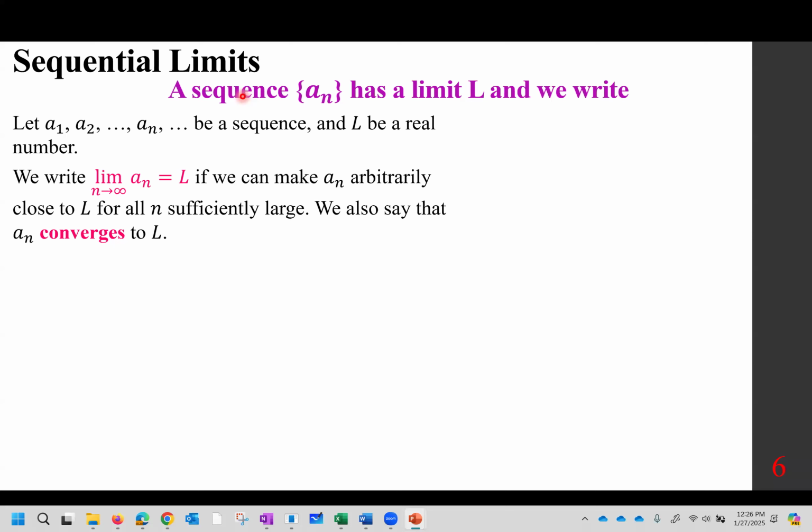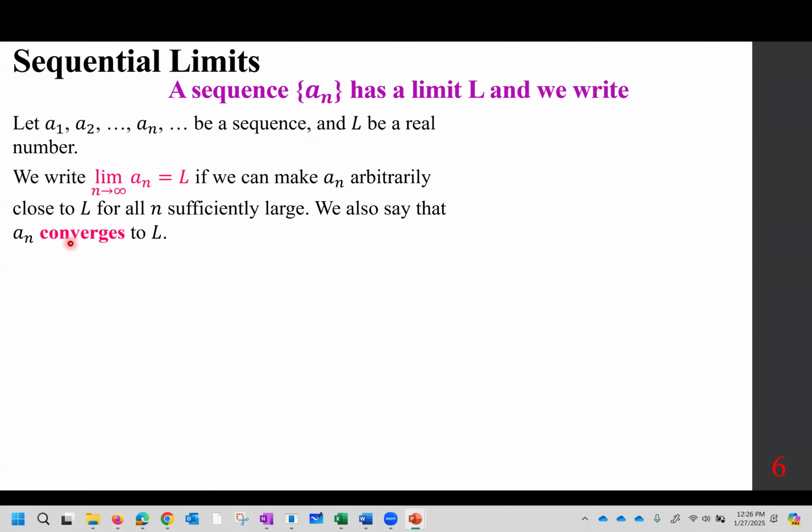Sequential limits. A sequence A sub n has a limit L, and we write: let A sub 1, A sub 2, all the way to A sub n be a sequence and L be a real number. We write the limit of A sub n as n approaches infinity is L if we can make A sub n arbitrarily close to L for all n sufficiently large.